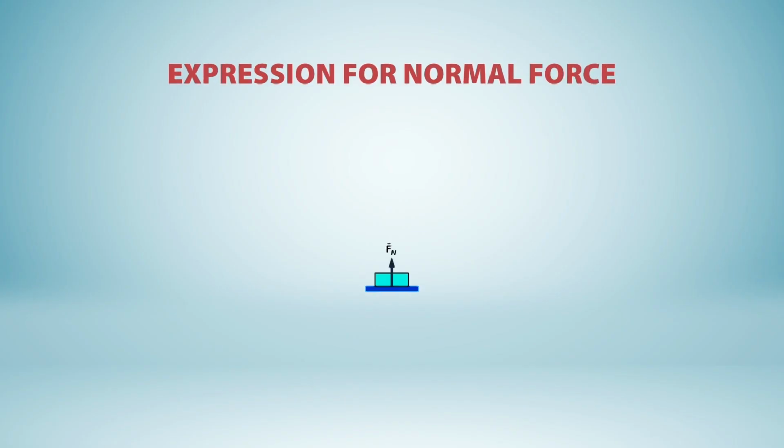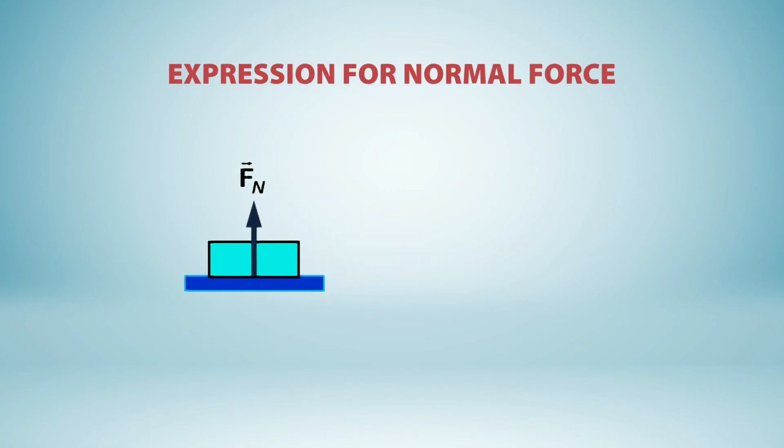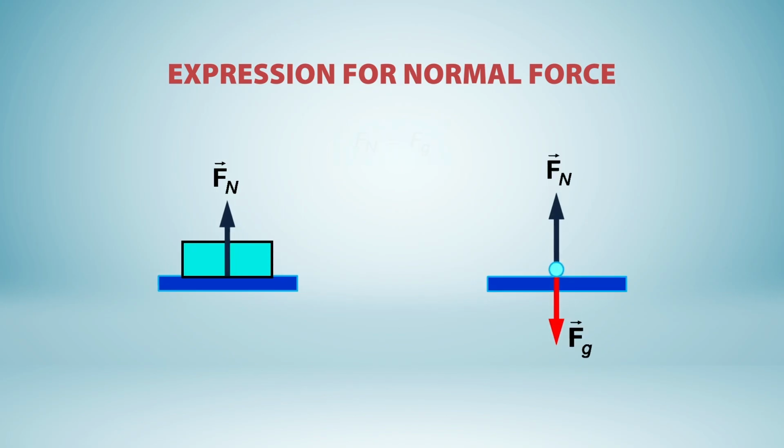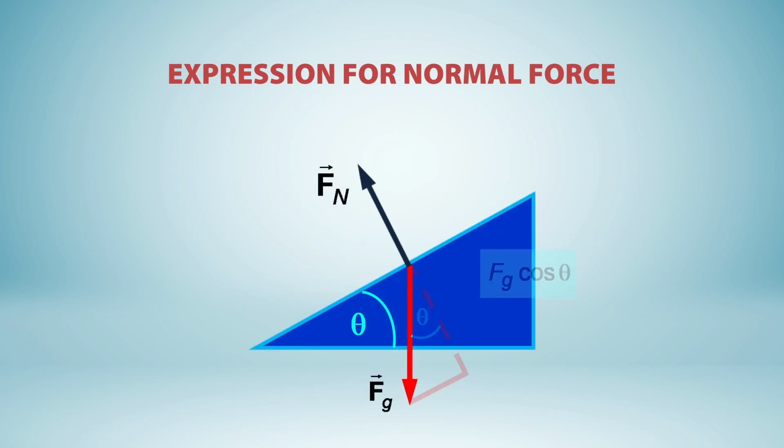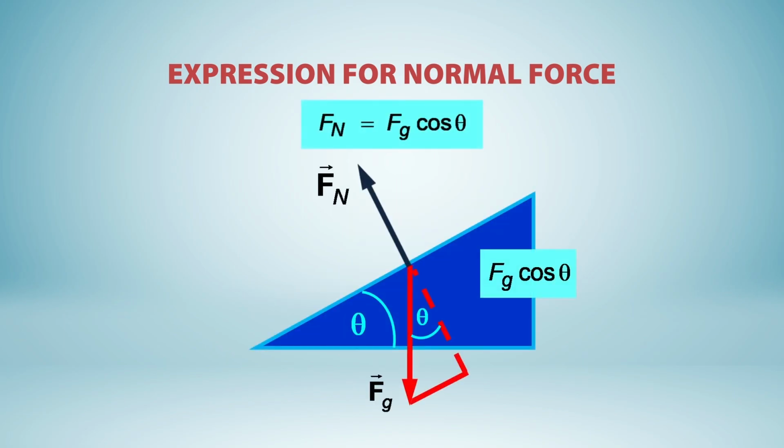So what is the expression for the normal force? In this case, Fn equals Fg. So Fn is just mg. In this case, the incline at an angle theta gives us Fn equal to Fg cos theta.